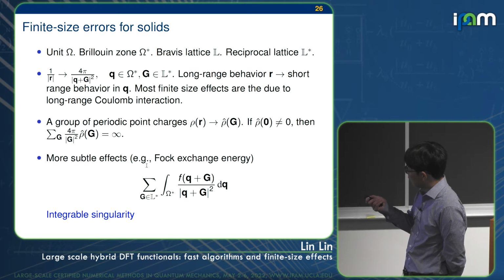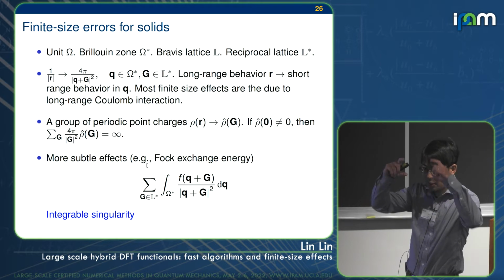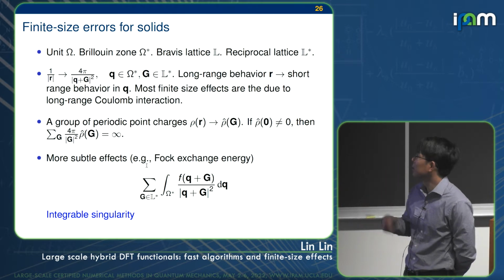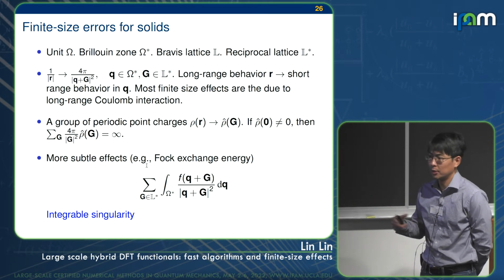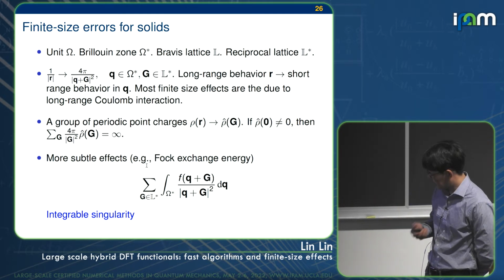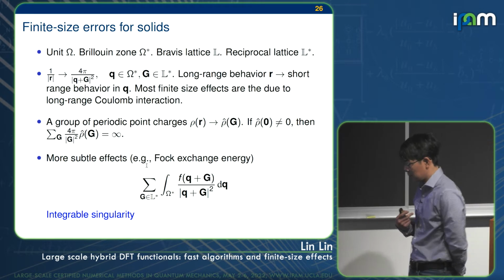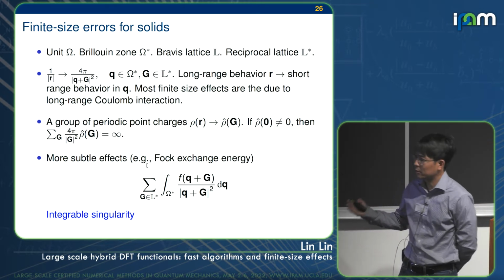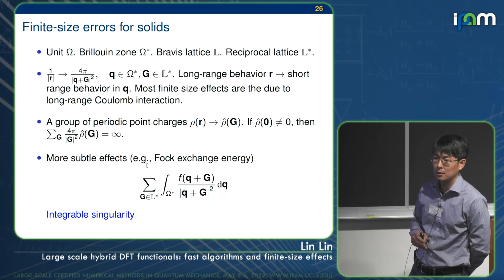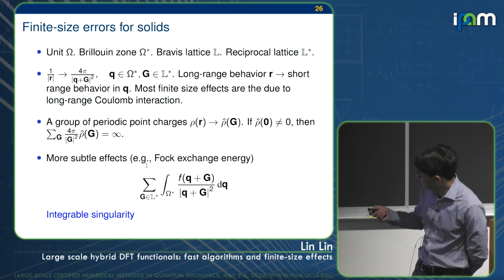Q is in the first Brillouin zone, in this compact region, and G is in the reciprocal lattice vectors. The convergence with respect to G is usually called the complete basis set error, and we heard about basis set error in the previous talk. We mainly focus on the convergence with respect to q.